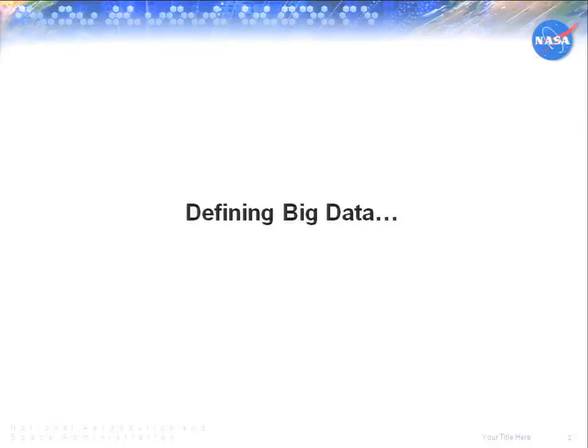Right, so talking about big data, a lot of people talk about the 3 V's, but big data has continued to be an amorphous concept until you really define what you are talking about.